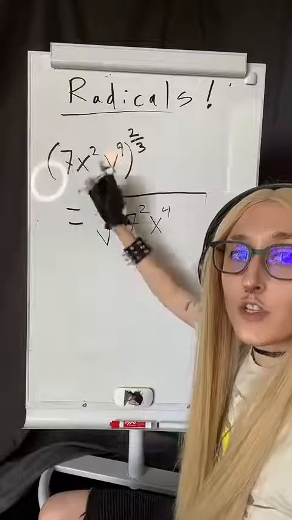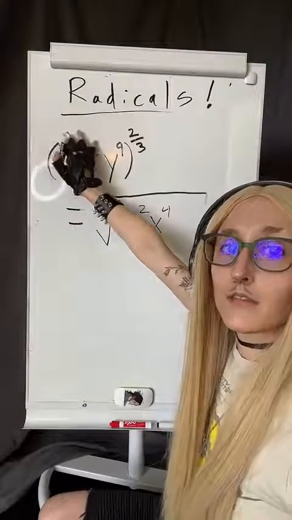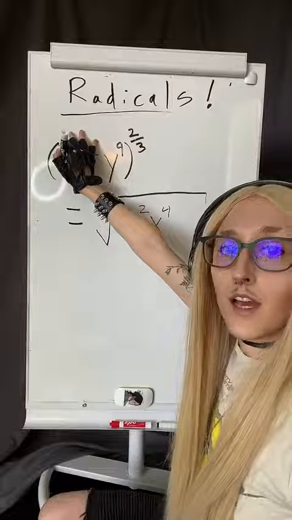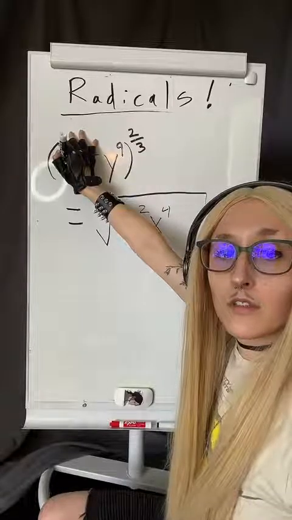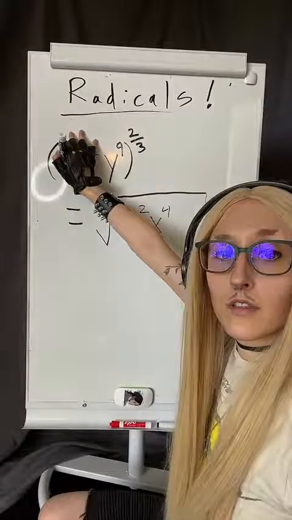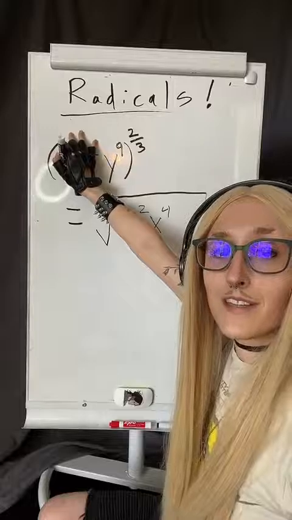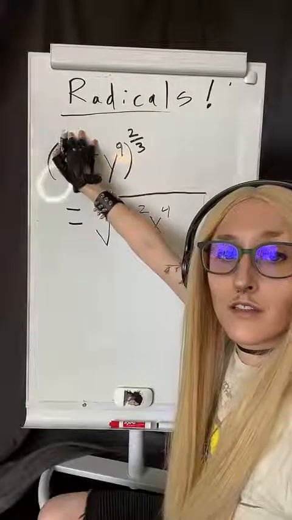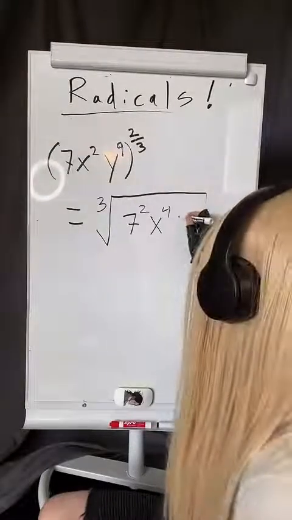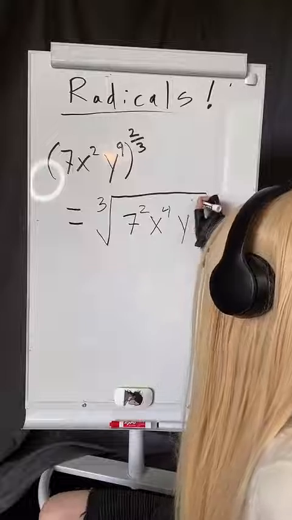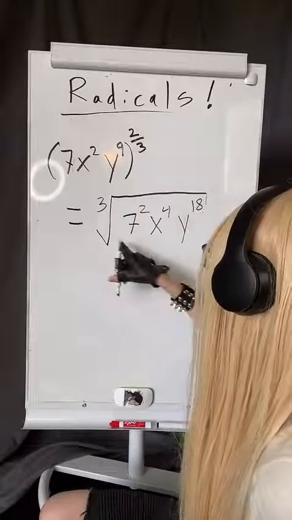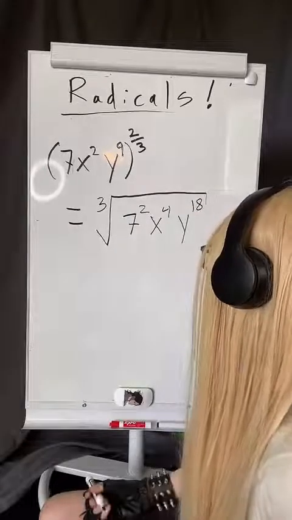All right, now let's focus on just this y to the 9th, right? 9 times 2. 9 times 2 is 18. So I'm going to get y to the power of 18 over 3.